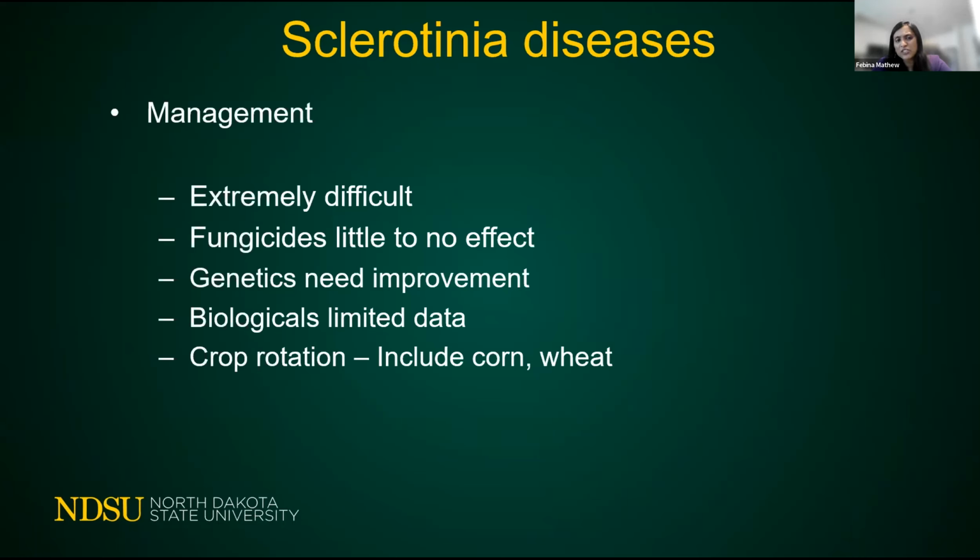But the only catch is that because biologicals are also living organisms, it takes a longer time to establish, and sometimes it may not show that it is as effective as using a fungicide. But crop rotation is something we recommend, and one would definitely want to consider using corn and wheat because they are not hosts of Sclerotinia.